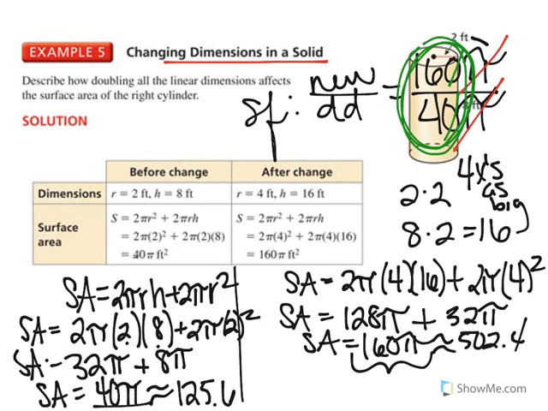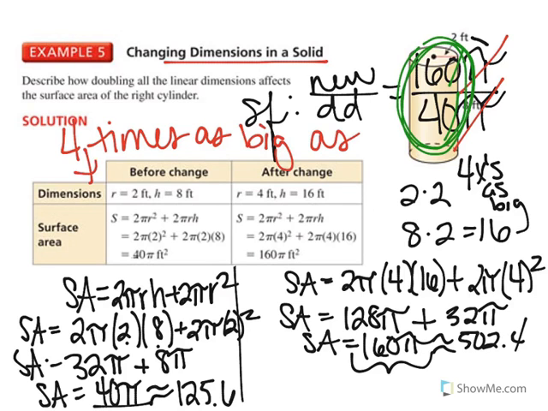So the surface area is 4 times as big as the original figure. The surface area changes by 2 squared.